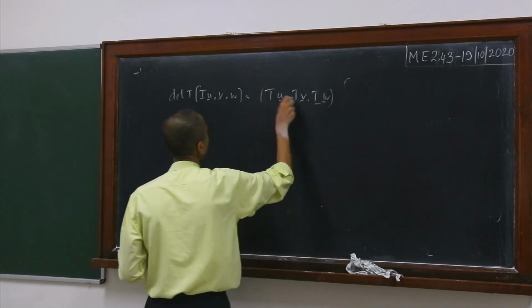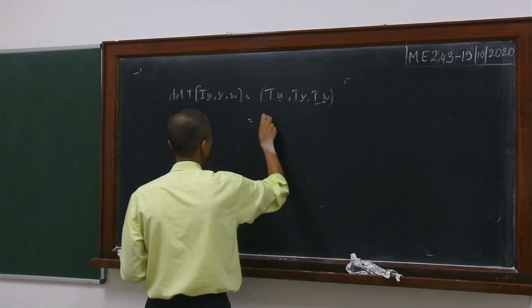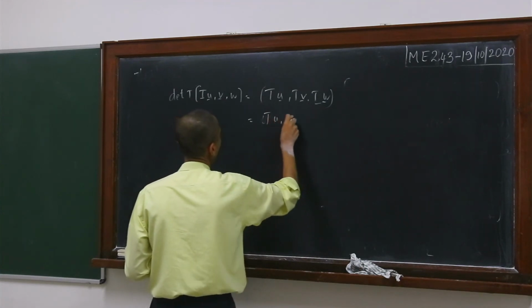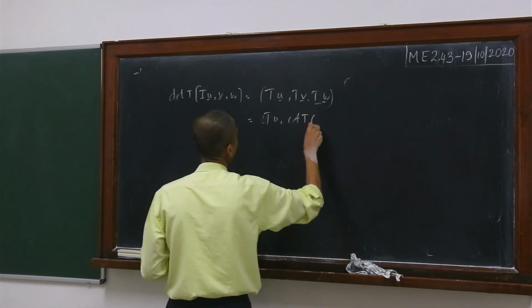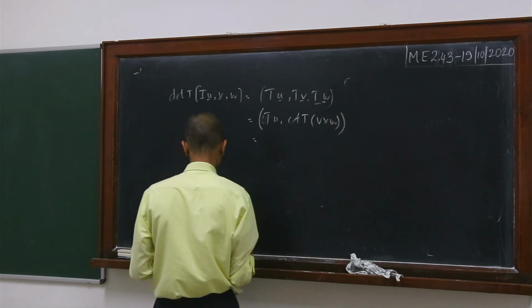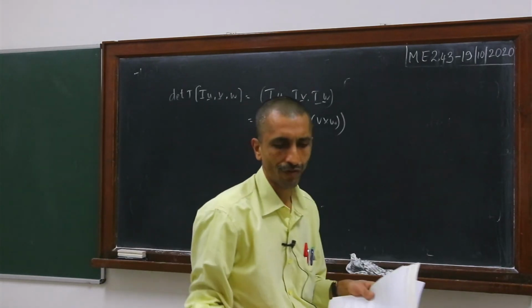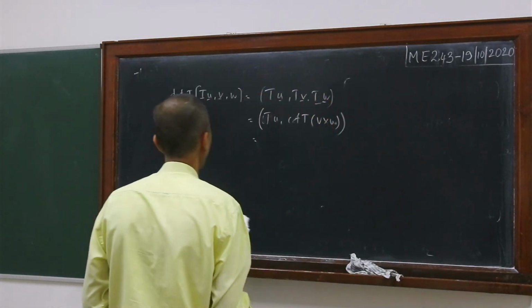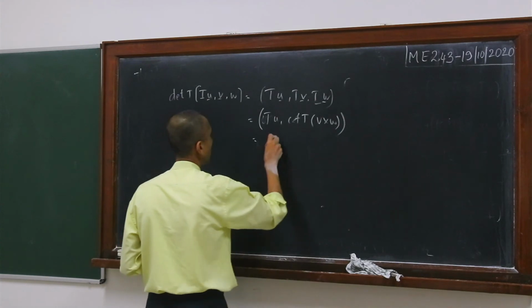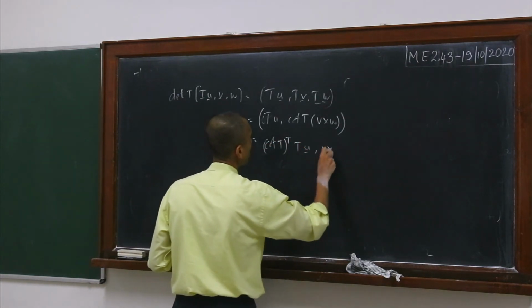And then we have used this trick many times, so you can write this as T U comma cofactor T of V cross W, and this I can now re-express it in terms of cofactor of T transpose. So this I will write as cofactor T transpose times T U comma V cross W, right?